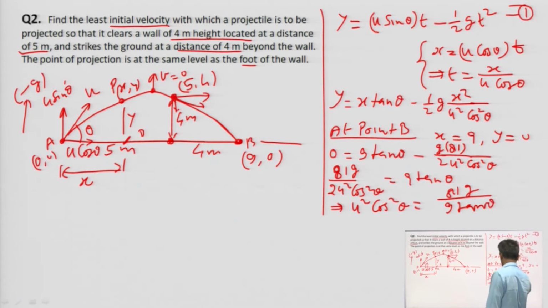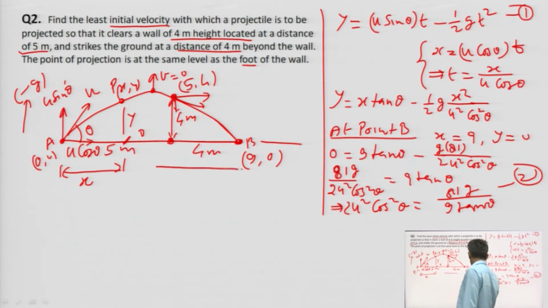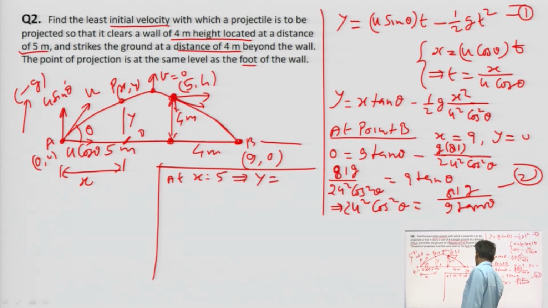Suppose we write 2 here. Okay. So, this is equation number 2. Again apply, suppose this point is at x is equal to 5, y value is 4.